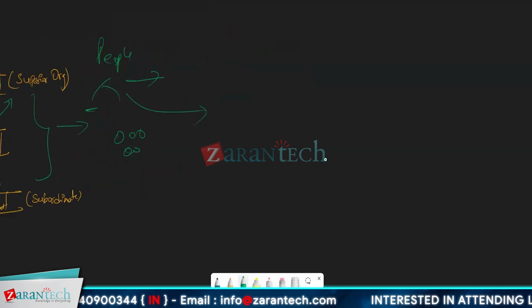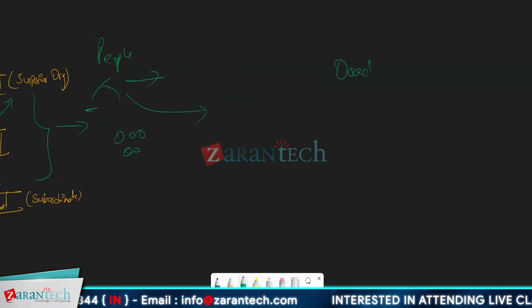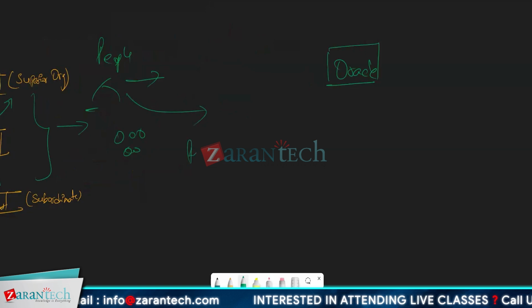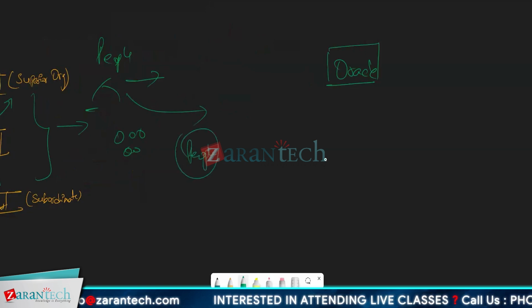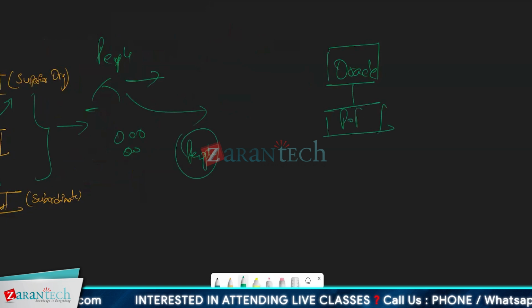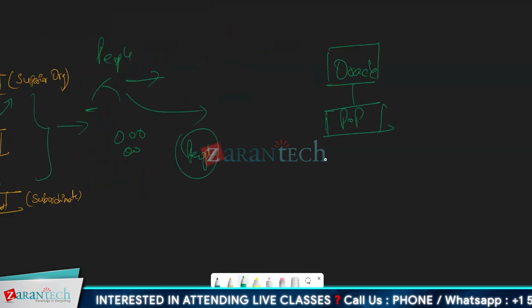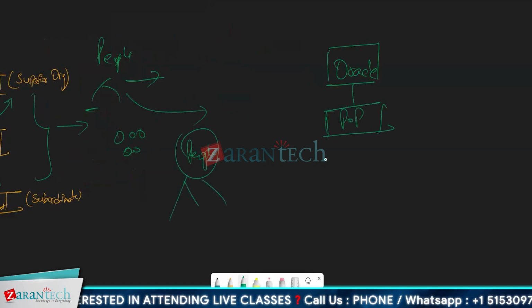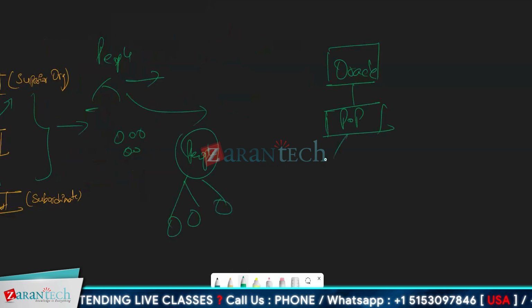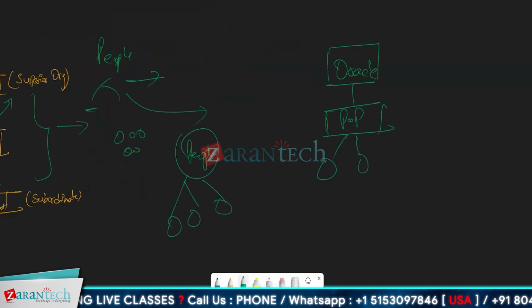Let's say we have Oracle here, and tomorrow PeopleSoft was acquired by Oracle, so you will have PeopleSoft like this. PeopleSoft had a few companies under them, and you can have these companies like this.